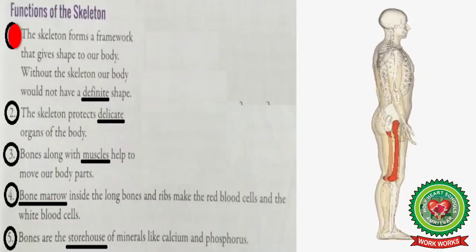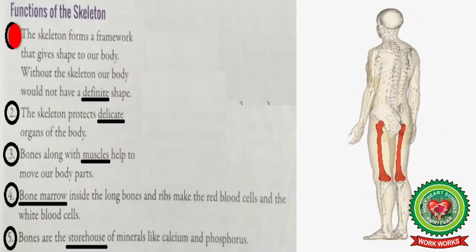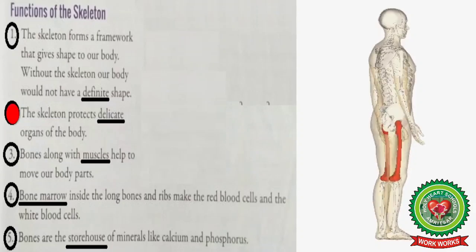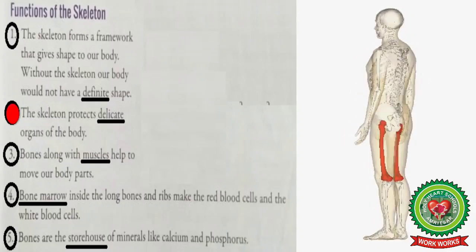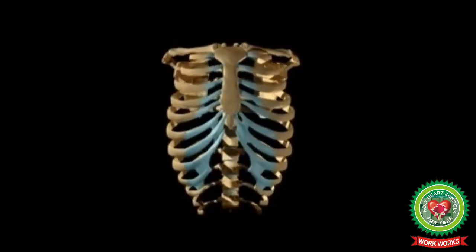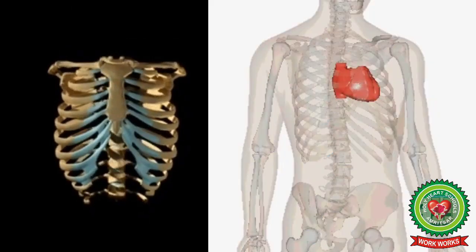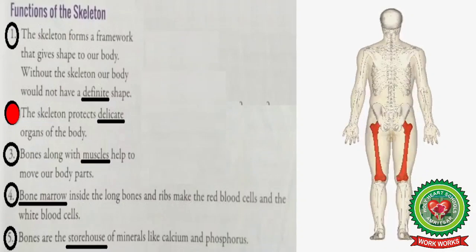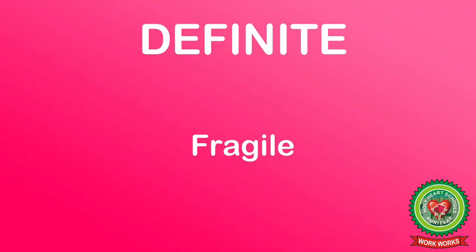Underline word definite and write down its meaning: fixed or exact. Now number 2 is the skeleton protects delicate organs of the body like rib cage protects lungs and heart. Now underline word delicate and write down its meaning fragile.